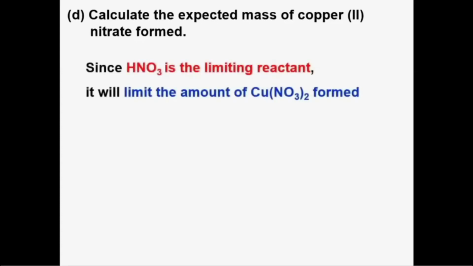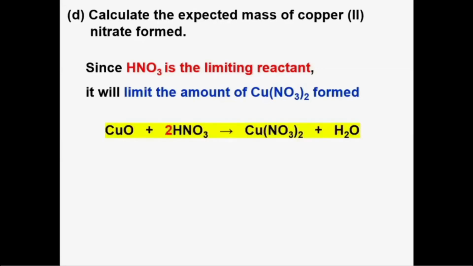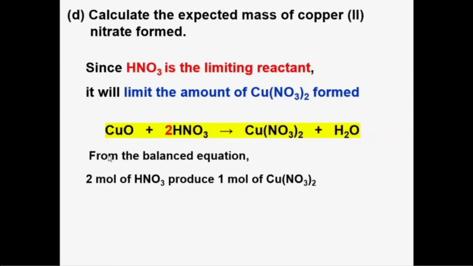Once again, since we have determined that nitric acid is the limiting reactant, this nitric acid will limit the amount of copper II nitrate formed in this reaction. From the balanced equation, we know that 2 moles of nitric acid produce 1 mole of copper II nitrate, but we don't have 2 moles of nitric acid in this reaction.